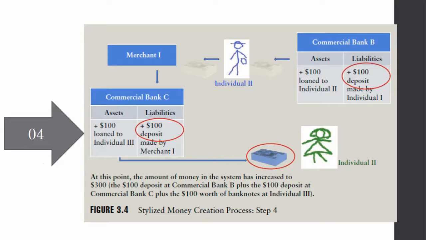So we started with $100 newly issued into the system, but let's suppose that individual 3 decided to keep the money and not deposit it somewhere else. Then the total $100 newly issued by the central bank multiplied until it became $300. So that simply means the money creation process, right?